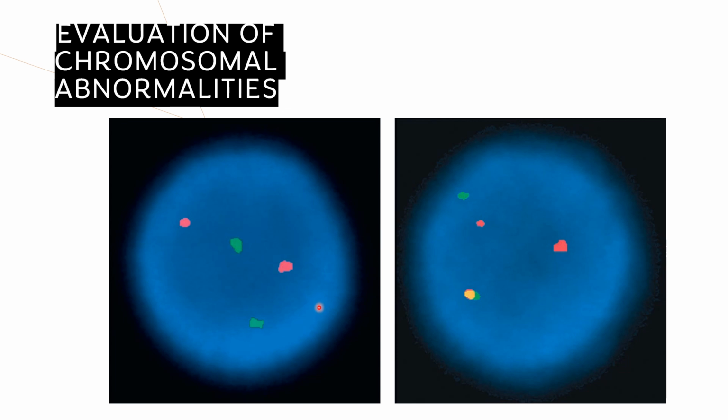The red signal represents ABL1 on chromosome 9. And the yellow signal represents the BCR-ABL1 fusion caused by chromosomal rearrangement. So this is normal, and this is abnormal with the BCR-ABL1 fusion. This is how useful FISH is in evaluating chromosomal abnormalities, especially in immunoproliferative disorders.